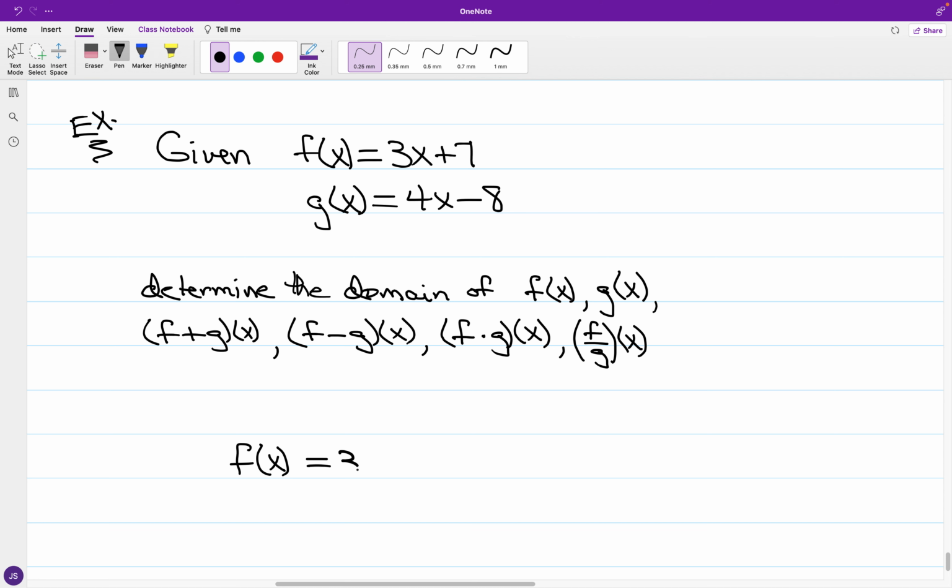So if I'm looking for the domain of f of x equal to 3x plus 7, notice we don't have a fraction, we don't have an even root radical. So there's no restriction. So for f of x, the domain is the set of all real numbers.